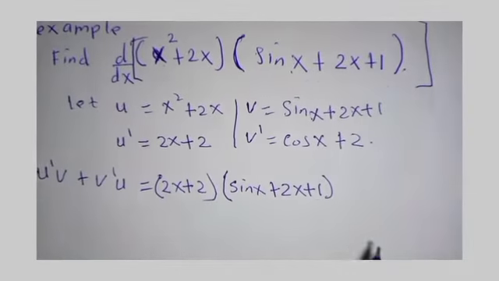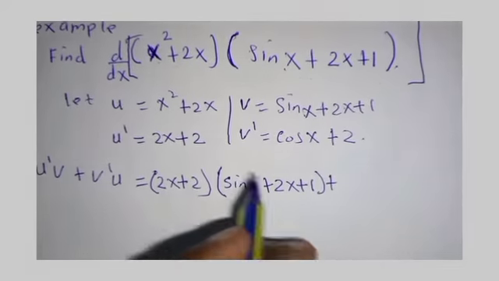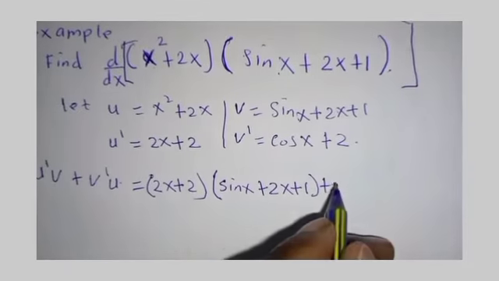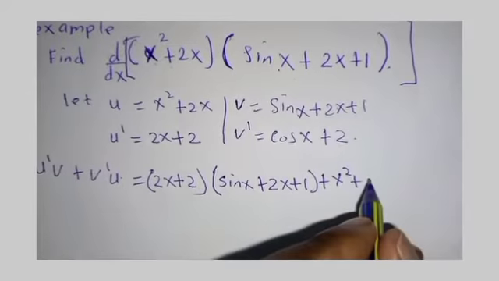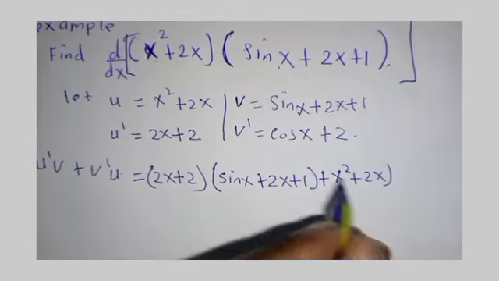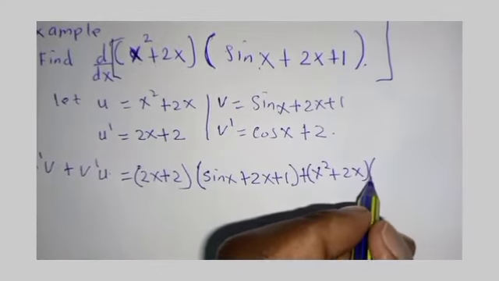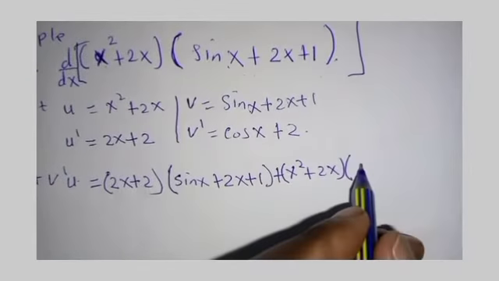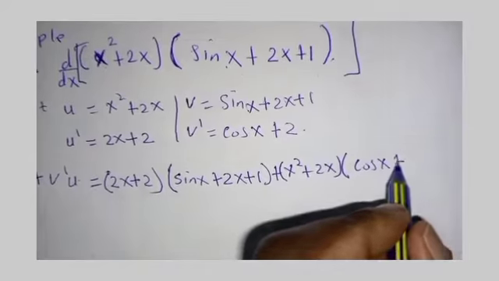Then plus our u, this formula, our u prime is x squared plus 2x. Then we multiply by our v prime, which is cos of x plus 2.